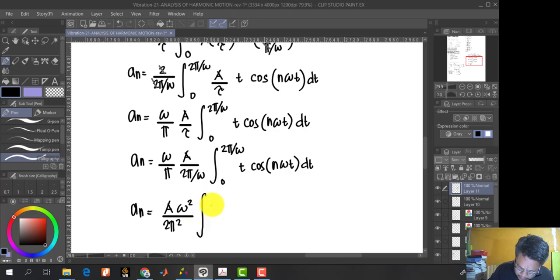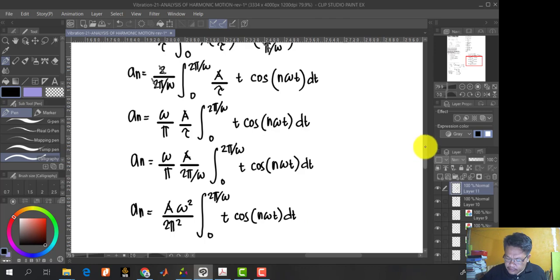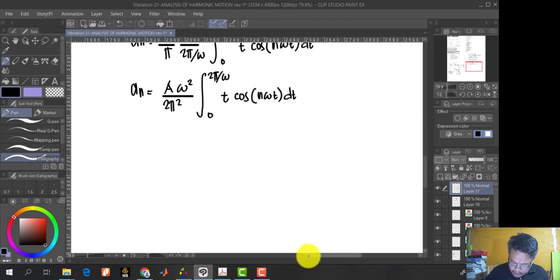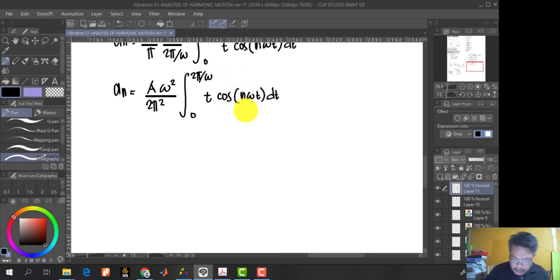So this one, integrate boundary 2 pi over angular velocity to 0. We have your t, no? Cosine. We have your n, angular velocity times time, and we have your dt dito, no? So yeah. So from here we can concentrate purely dito sa loob.